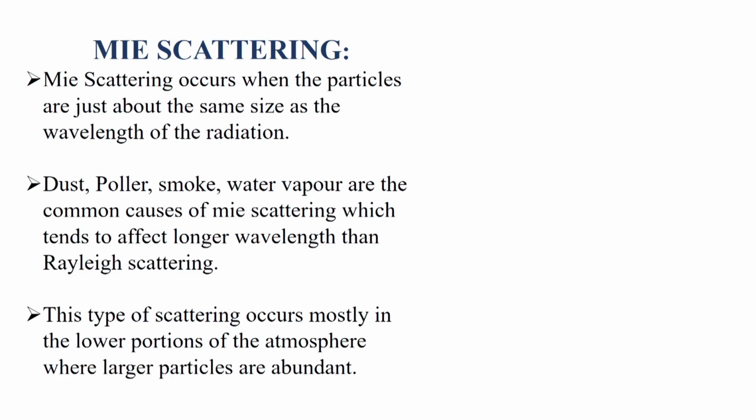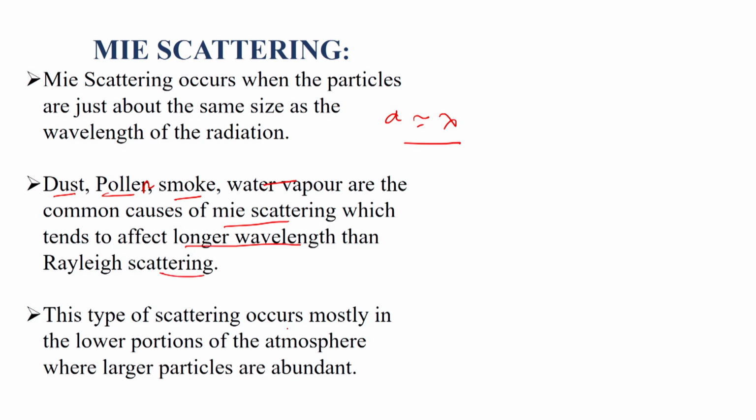Then you have Mie scattering when the particles are of similar size, so the diameter is about the wavelength. It could be because of dust, pollen, smoke, water vapor, which are common causes of Mie scattering, and which tend to affect longer wavelengths than Rayleigh scattering.